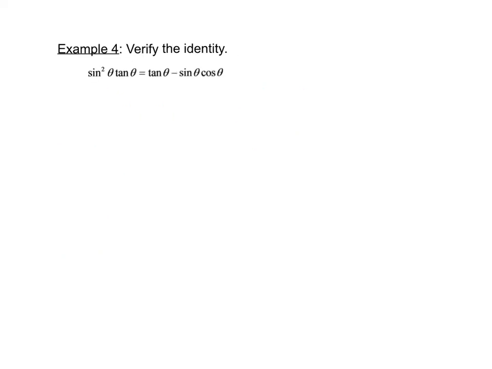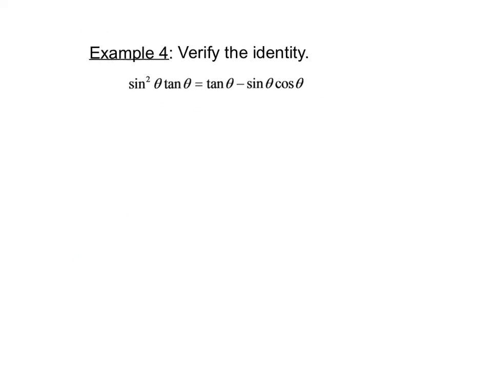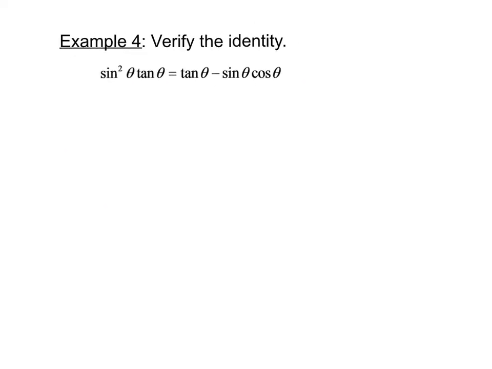That's all I'm doing. All right, so this one obviously poses a few issues, but let's look at this. I'm trying to get to tangent minus sine times cosine, to where I have sine squared and tangent squared.